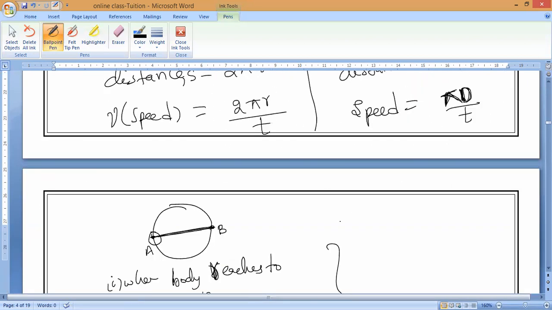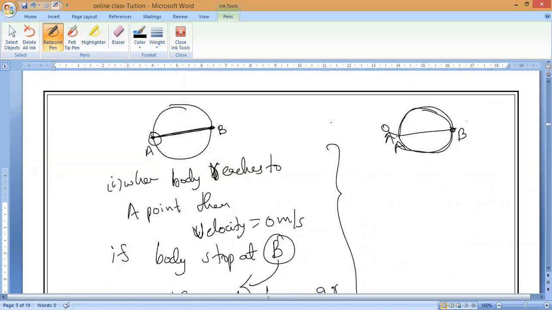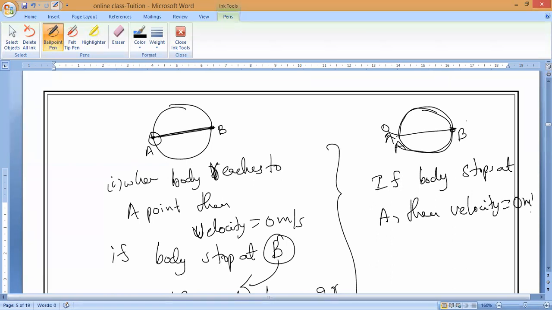So in this case, again the same thing. They have given that a body starts from A and reaches B. If it stops at A, this is the initial point and this is the final point. If the body stops at A, then velocity is 0 meter per second.